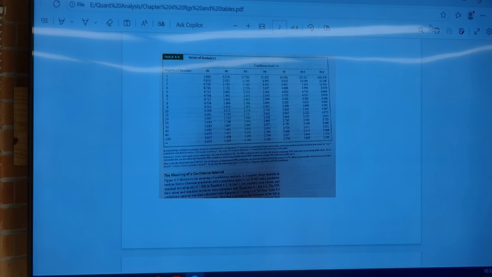Then the confidence interval is x bar plus or minus t s divided by the square root of n.